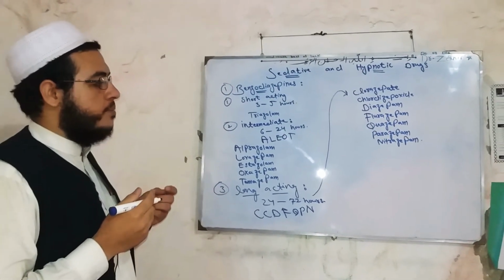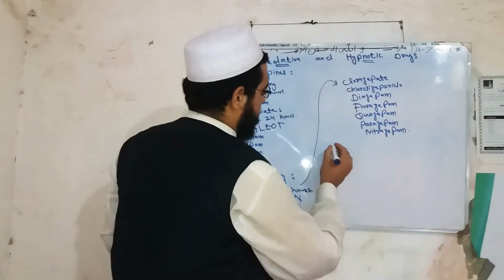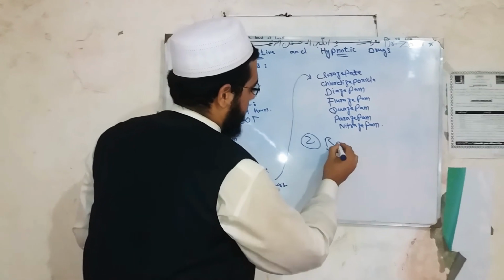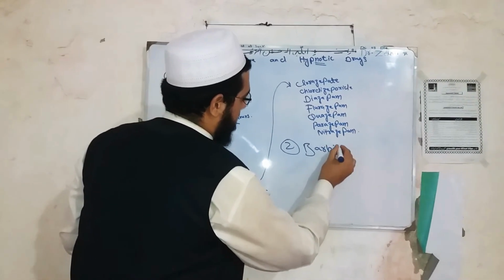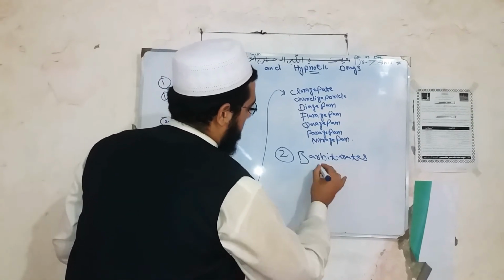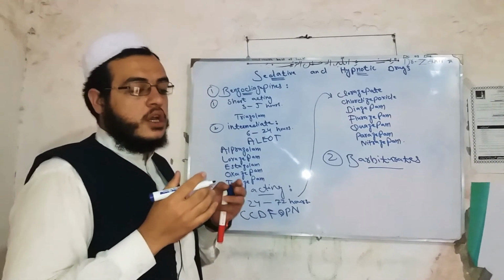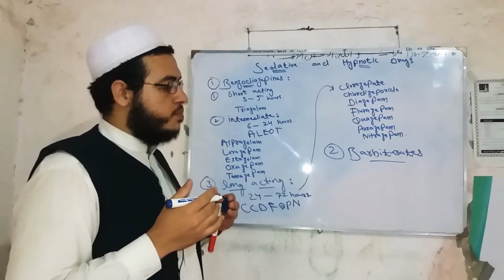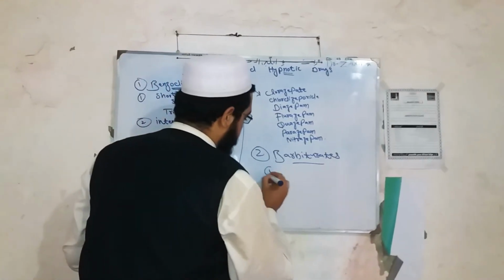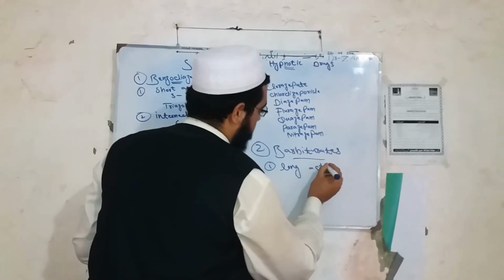Now we will come to the barbiturates, the second class. Barbiturates are also classified into subgroups on the basis of duration of action. Number one, long acting.